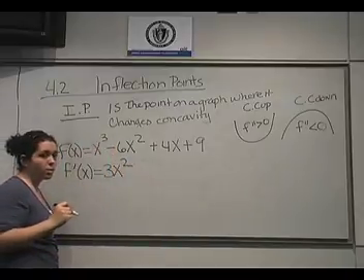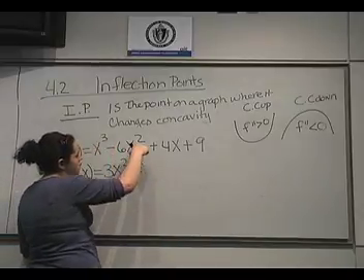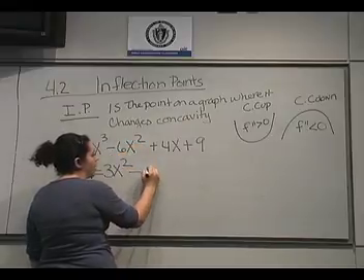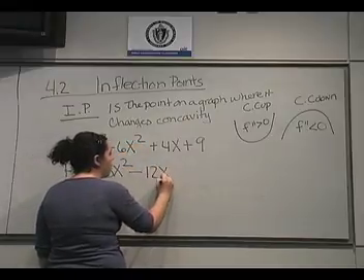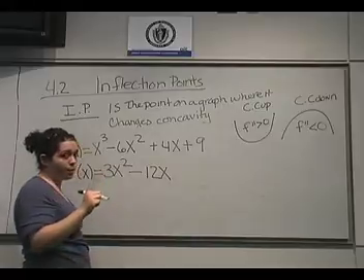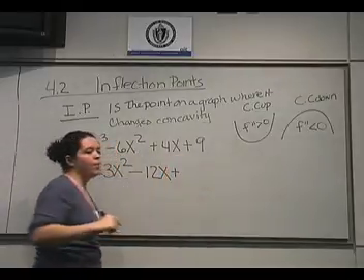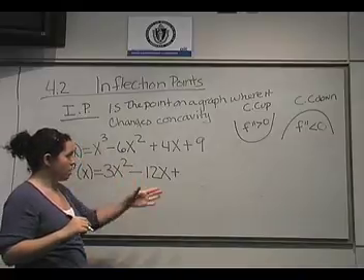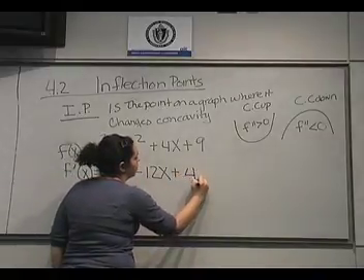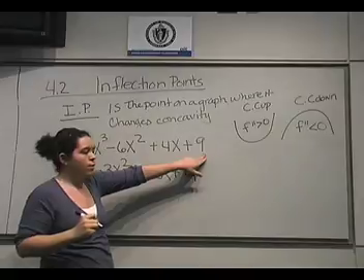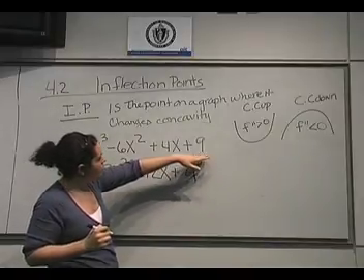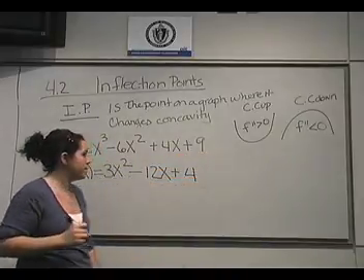So we have 3x squared minus, now the 2 will come down to multiply the 6, giving me 12x to the first power. Remember, subtract 1. Plus the derivative of 4x, when you just have a constant times x, the derivative is just that constant. Then the derivative of 9, when you have just a constant, the derivative is 0.